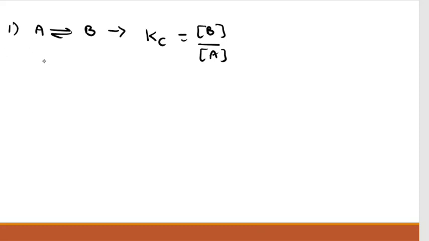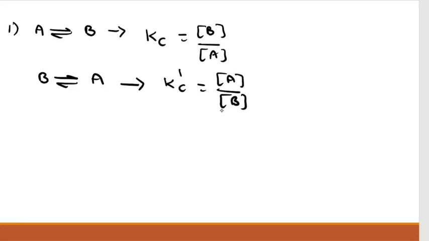Now I want to know what is the equilibrium constant if I reverse the reaction, B gives rise to A. Let us suppose that the equilibrium constant for this is Kc dash. Kc dash will be A divided by B this time. Then what is the relation between this Kc and Kc dash? Kc dash is nothing but 1 by Kc.